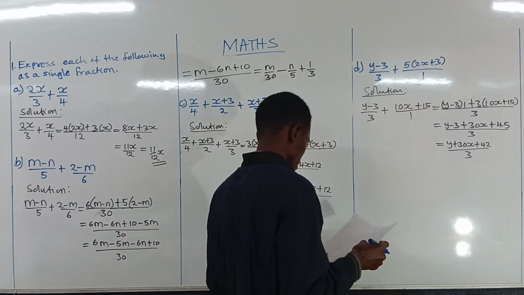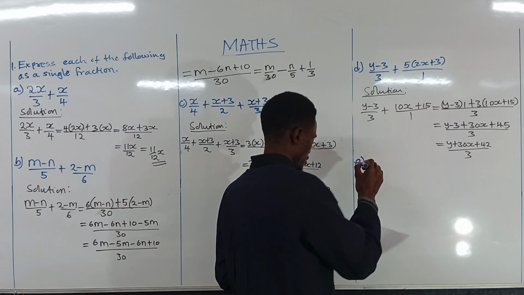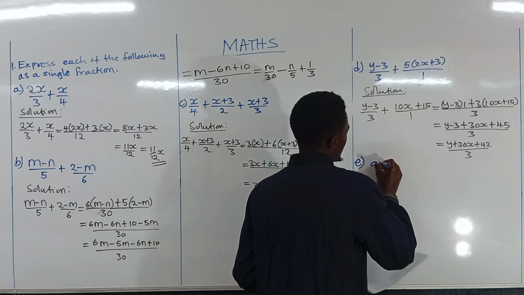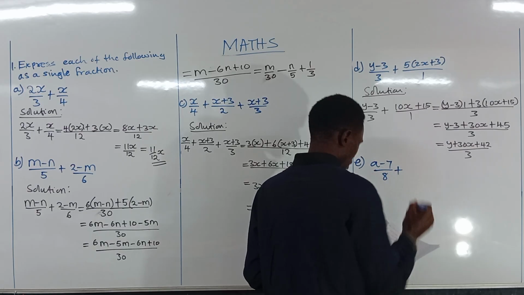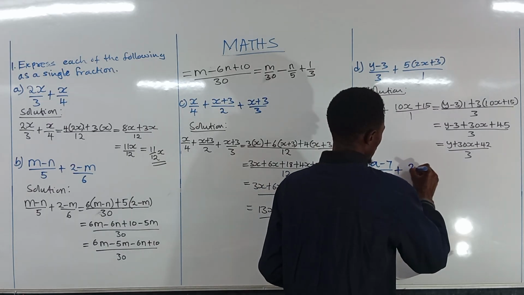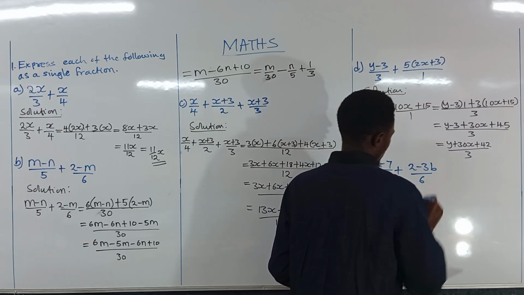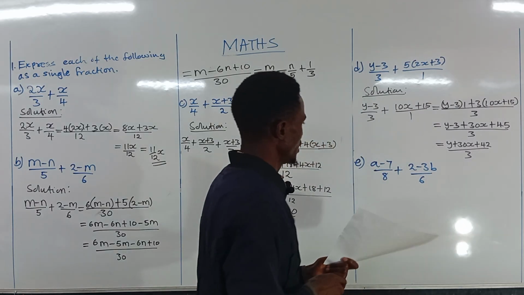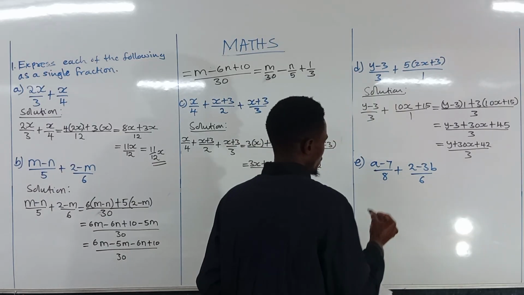So we go to the last question, which is part E, or number 5. m minus 7 out of 8 plus 2 minus 3b out of 6. So our solution to this, we begin with the LCM first. And the LCM of 8 and 6 is 24.